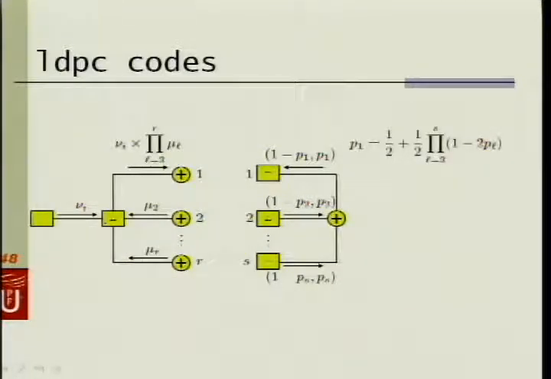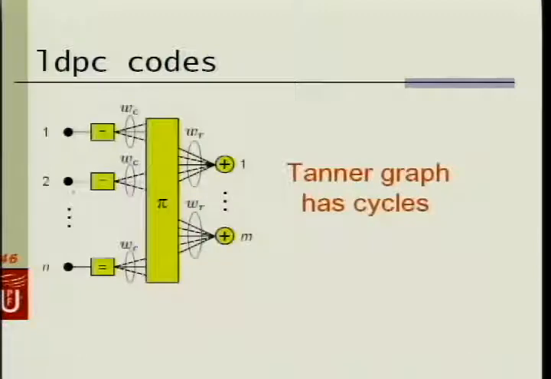How can we decode a low-density parity check code? That's the standard way of doing the decoding. Here I consider a simple single step. Remember, we have 2 functional blocks, the repetition block and the parity check block.